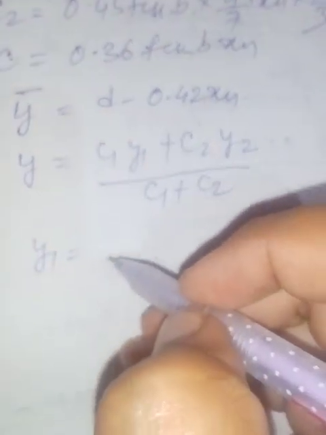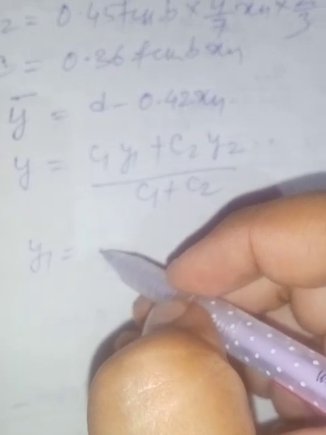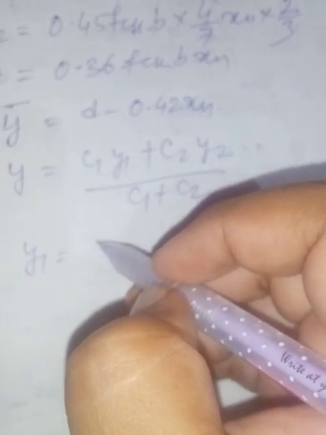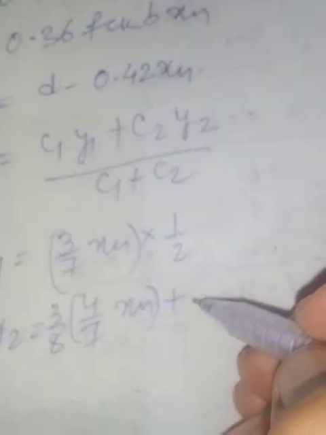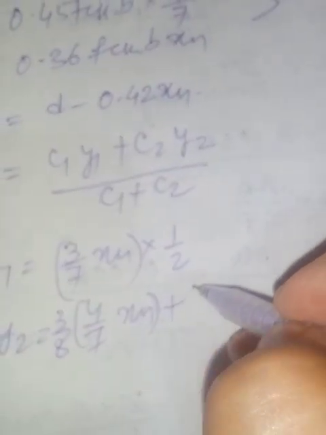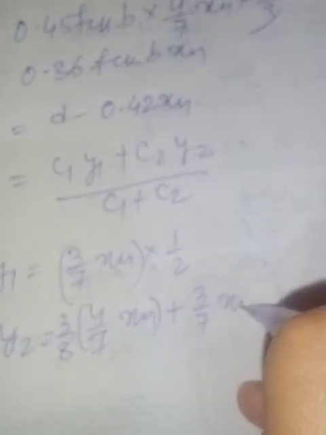Here Y1 for the rectangle is 3/7 of Xu into half, and for Y2, (3/8 of 4/7 of Xu) plus the upper part 3/7 of Xu.